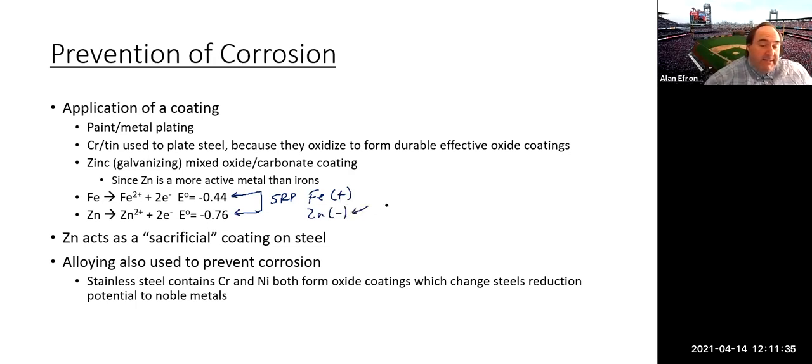That means the zinc in this case will now take up the role of the anode, and our iron will be more the cathode.